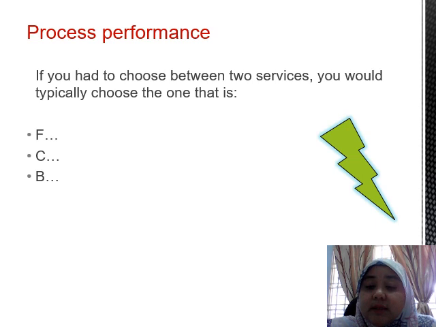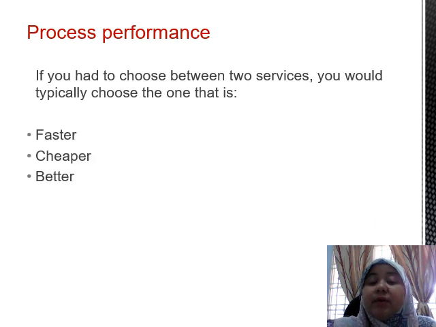If we choose between two organizations, definitely there are at least 3 criteria we will choose by when comparing them. What are they? Basically, we look at which restaurant serves faster, which one is more competitive in price, and which one is tastier to the liking of your taste buds. Which one do you find delicious? Which one is better? So we will go by at least these 3 factors: which one is faster, which one is cheaper, which one is better.